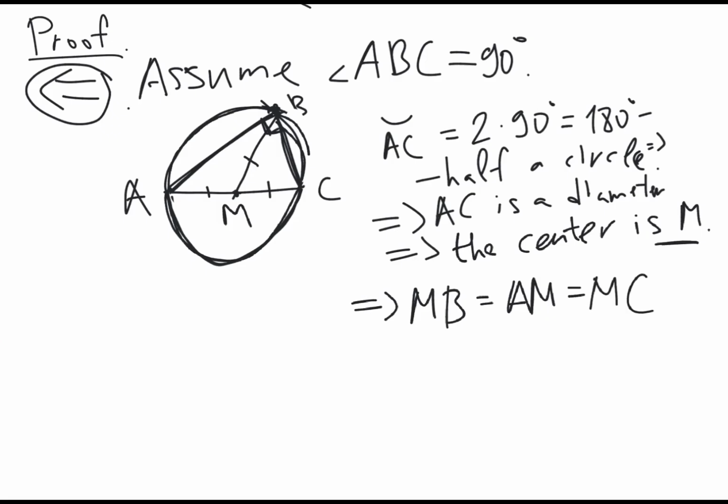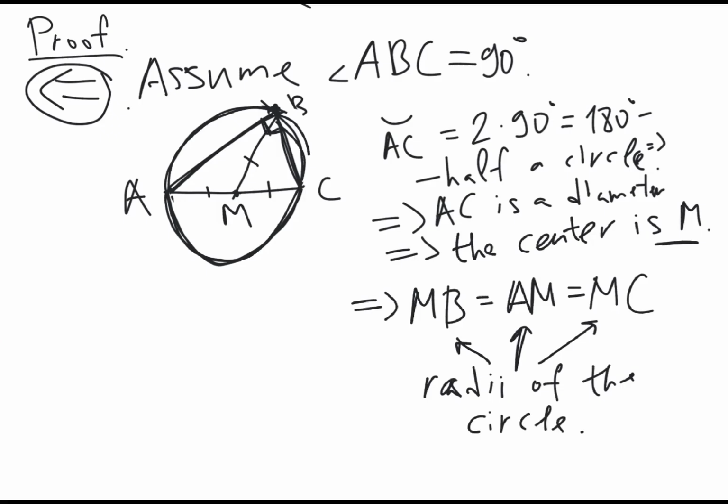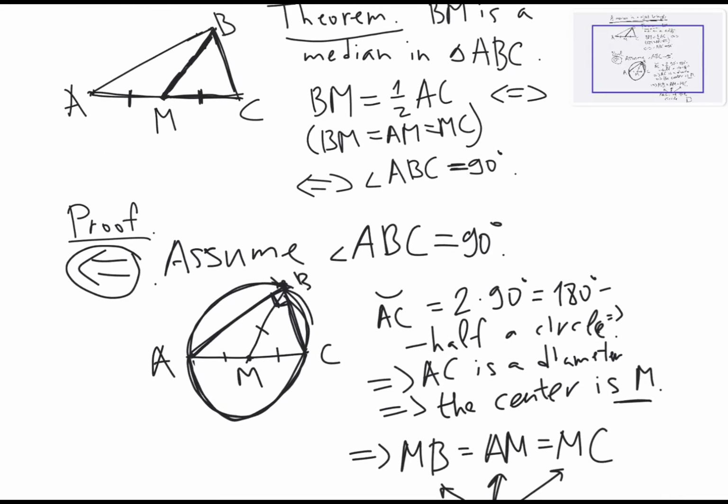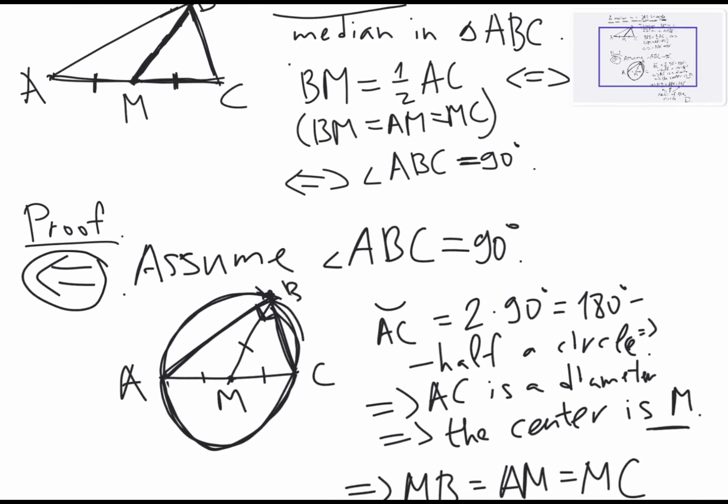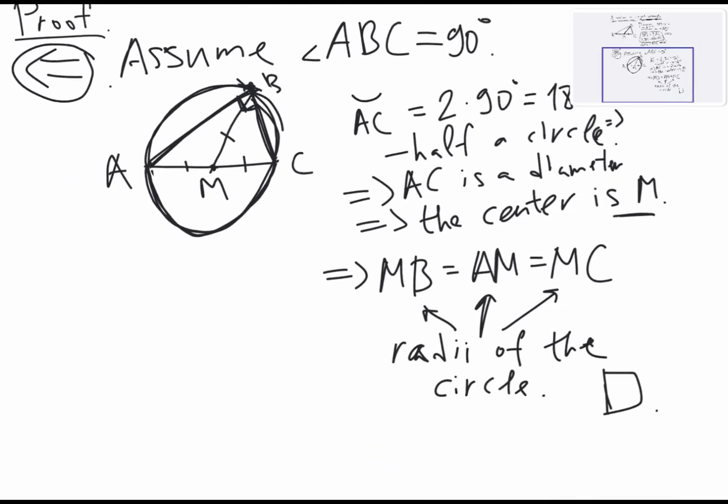So all three of them are radii of the circle. And this basically proves what we need to prove. This is exactly what we proved.